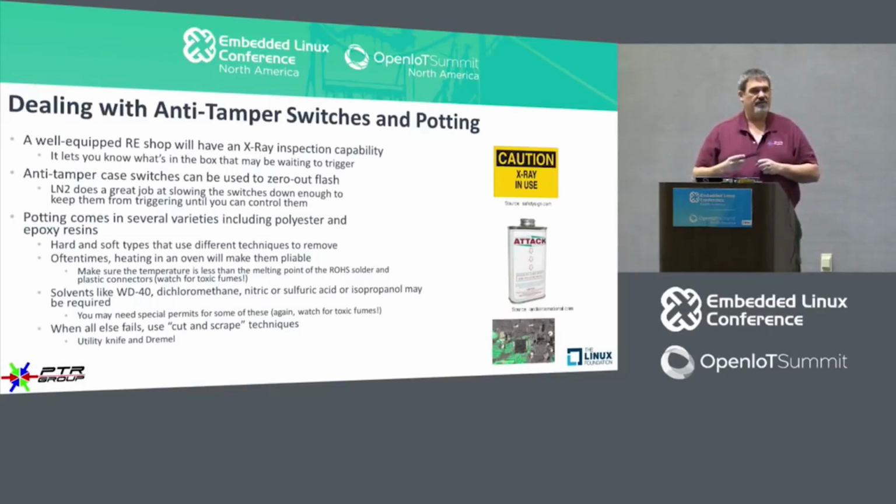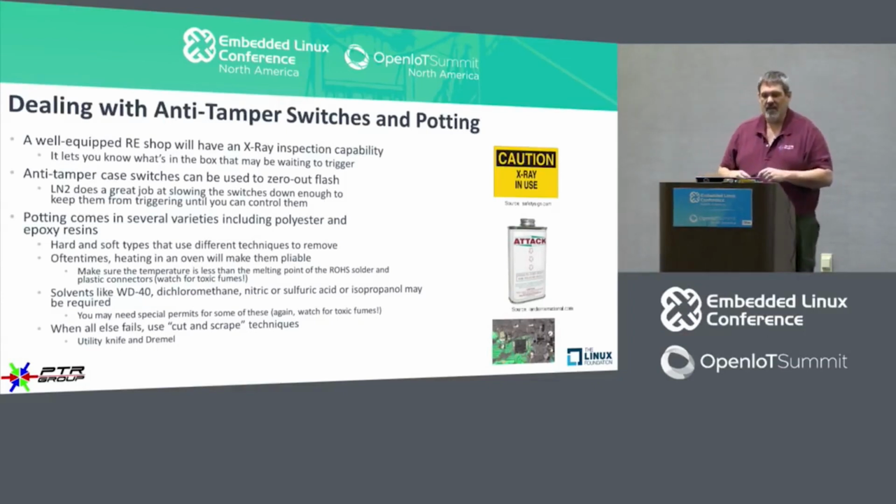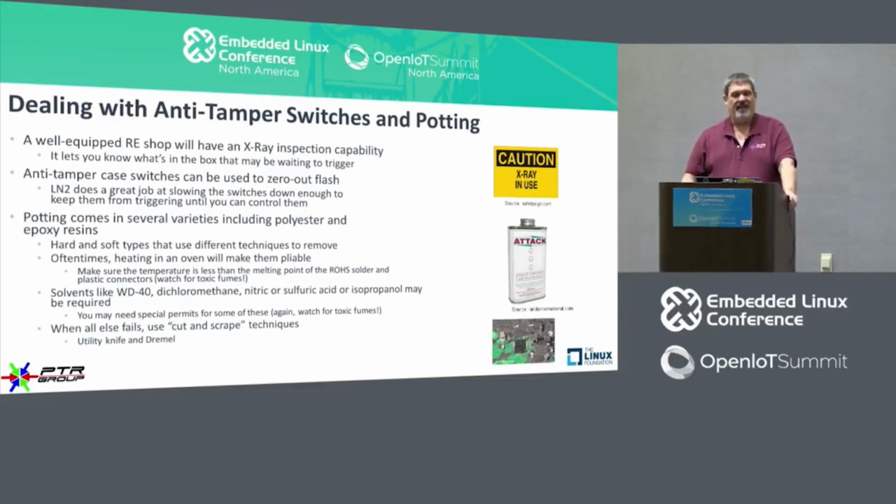There are solvents that will often do this. WD-40 actually does a pretty good job against several different types of epoxies. Dichloromethane, nitric or sulfuric acid, isopropanol, all of those are types of materials that can be used to dissolve potting. The problem with a lot of this stuff is it may require special permits in your jurisdiction.